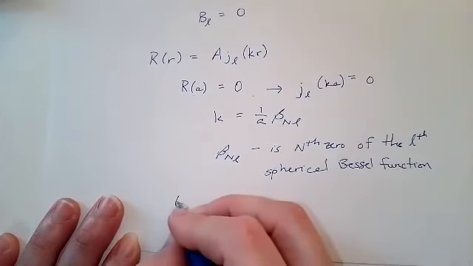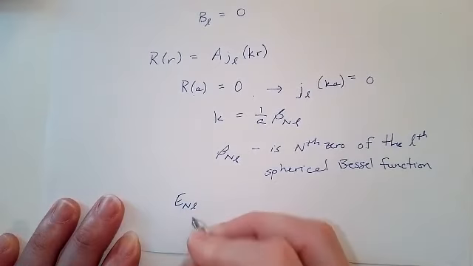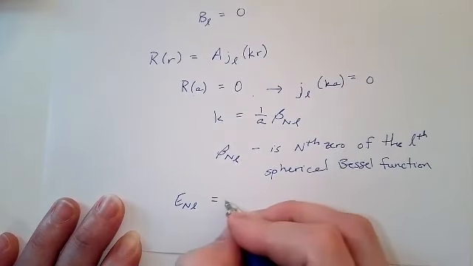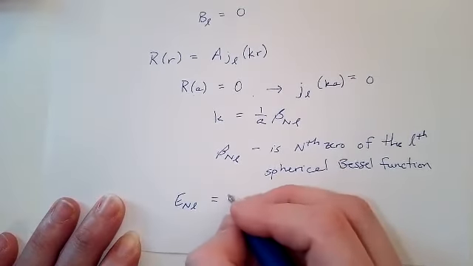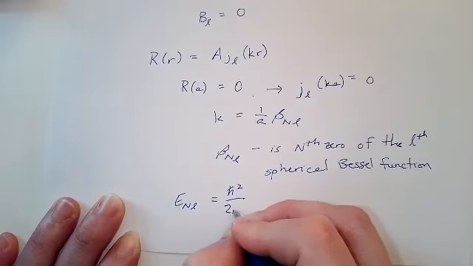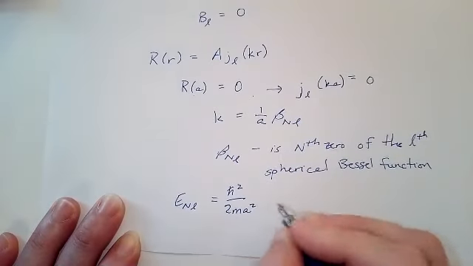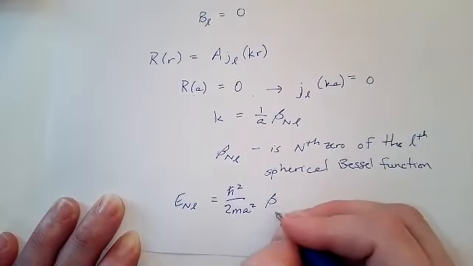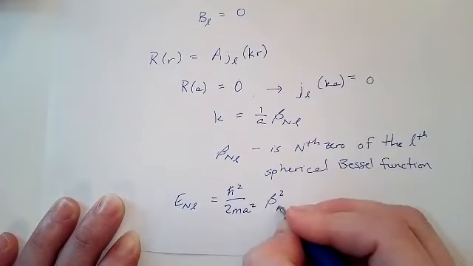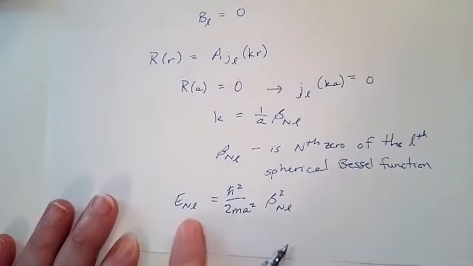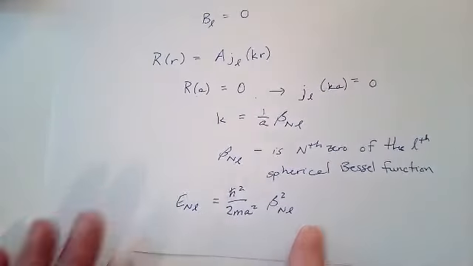So that makes your allowed energies, the nth allowed energy for the lth spherical Bessel function, so l equals 1 or 2 or whatever it equals, is going to be given by h bar squared over 2ma squared, and you're going to find these locations of those zeros that will correspond with the nth allowed energy.